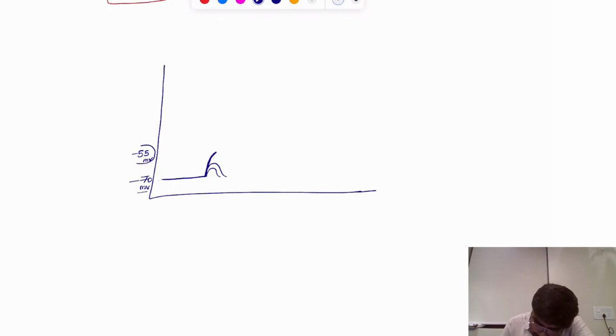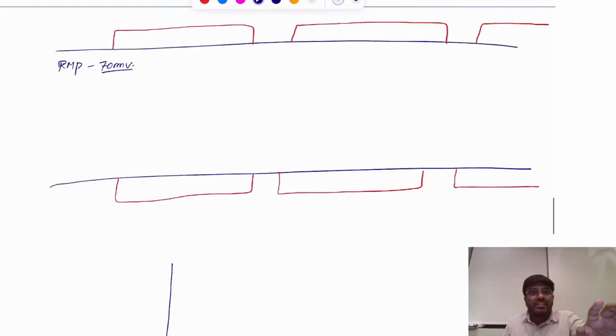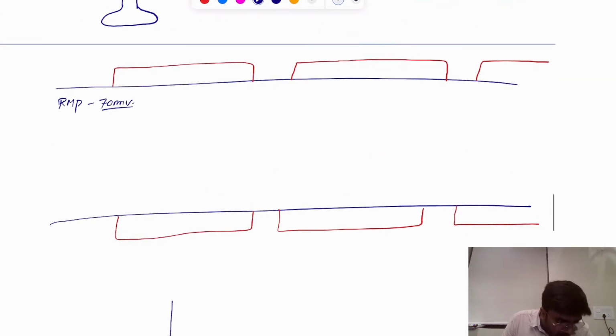This minus 55 is called the threshold potential, the minimum potential required for depolarization. You gave a stimulation, and from the resting membrane potential it went to the threshold potential. Do you know what happens now in this neuron?